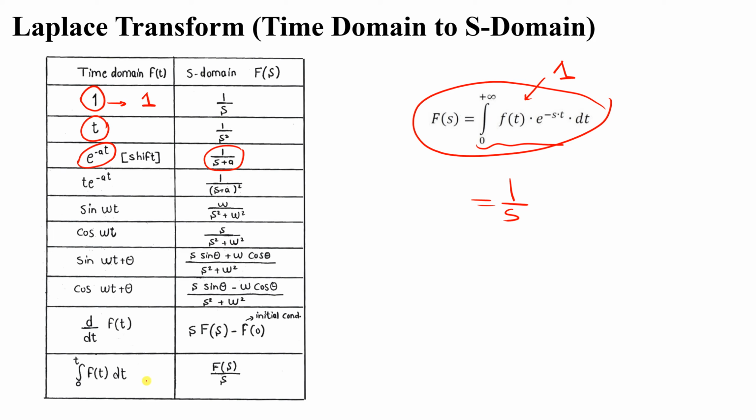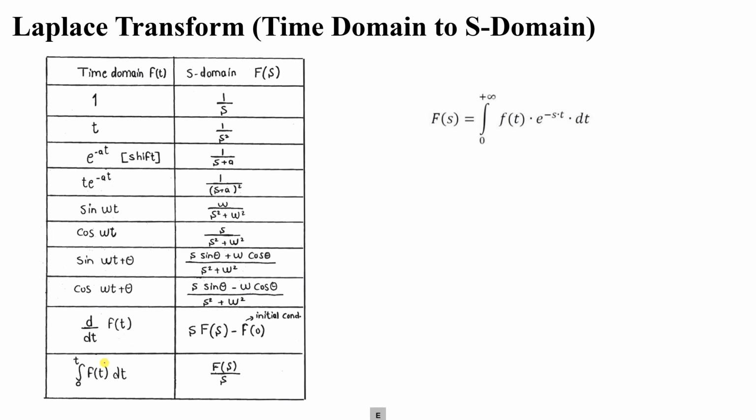The most important part is that the derivative of a function in the Laplace transform is s multiplied by F(s). So if I would like to replace d over dt, I will just say s, meaning the derivative of the function F(s). And integration is 1 over s multiplied by the function itself.